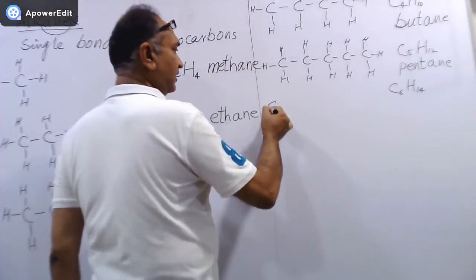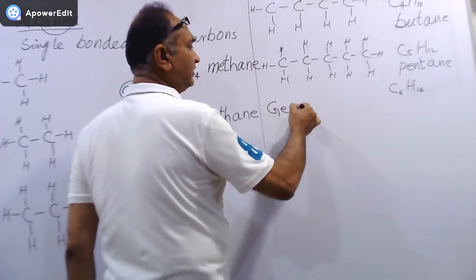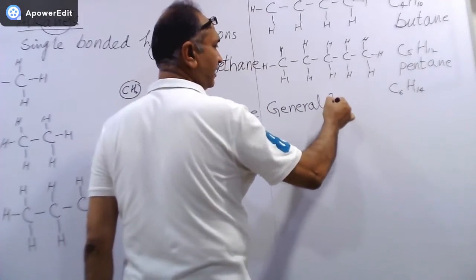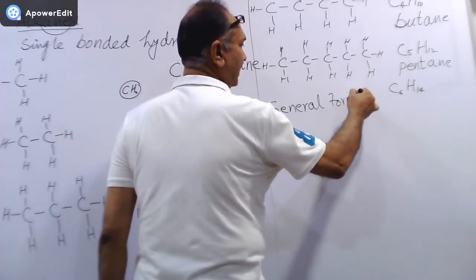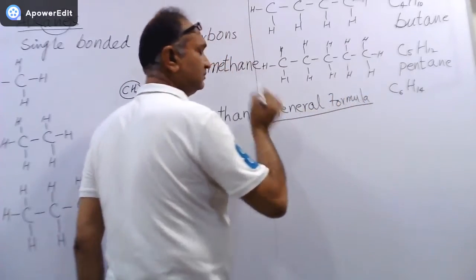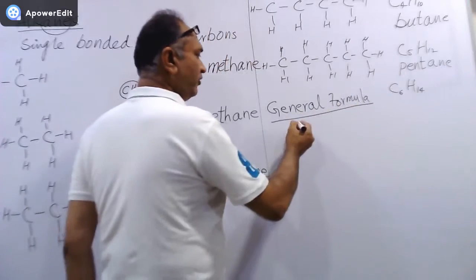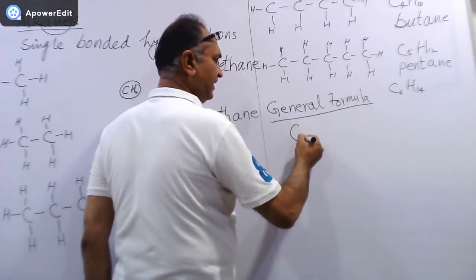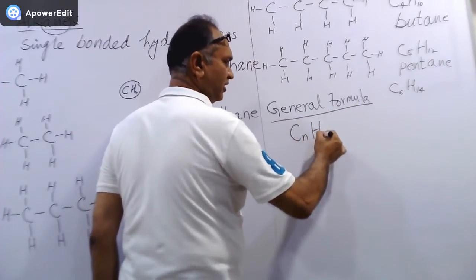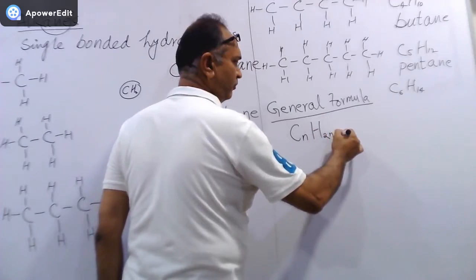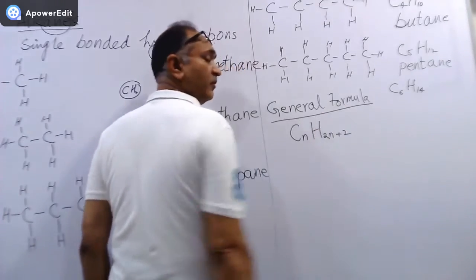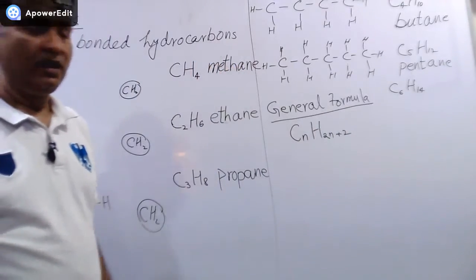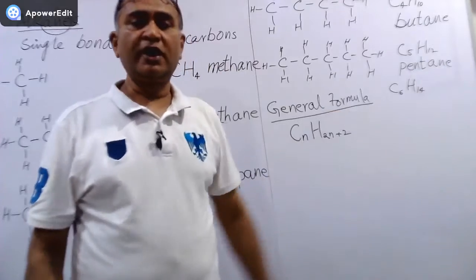It means if someone asks you what is the general formula of alkanes, the general formula for alkanes is CnH2n+2. Okay? n means number of carbons.